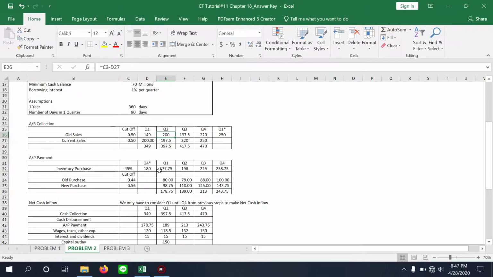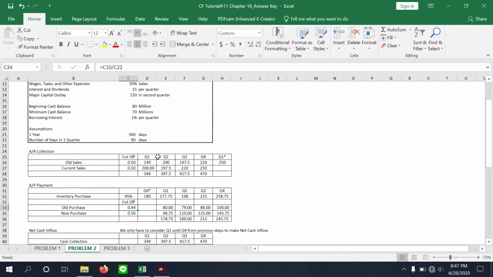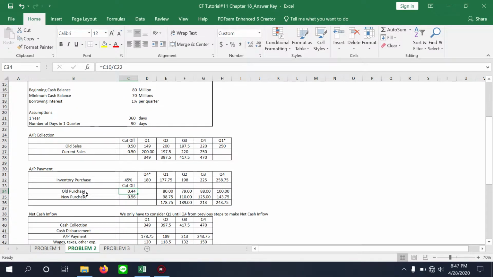And after we find the inventory purchase, we need to know the cutoff point between the old purchase and new purchase. Again, here we can see that's basically a 40 days period. So 40 out of 90 days of old purchase are paid in quarter one.